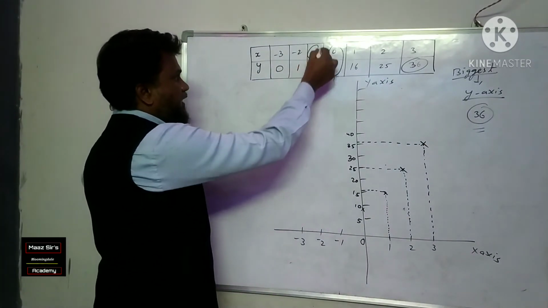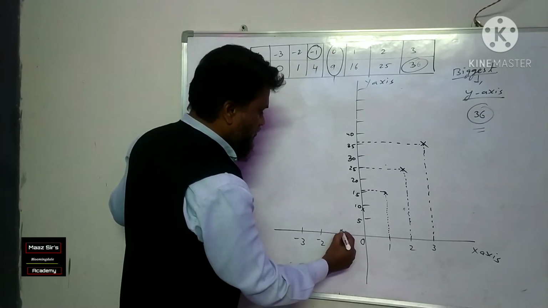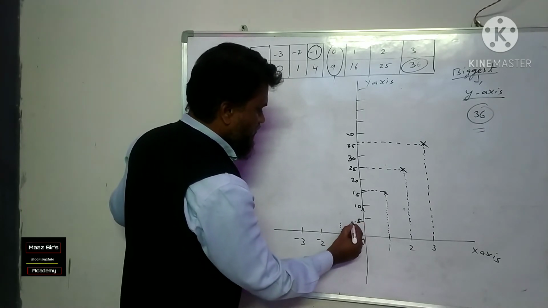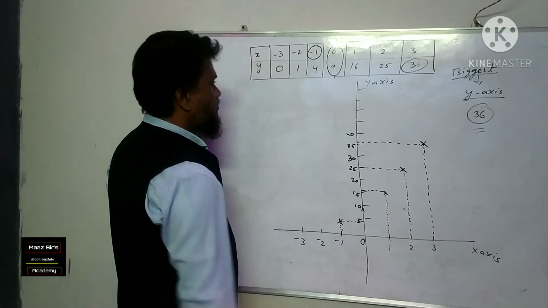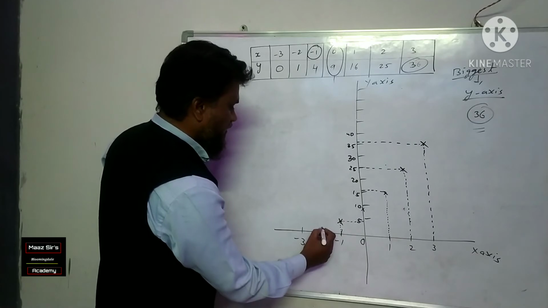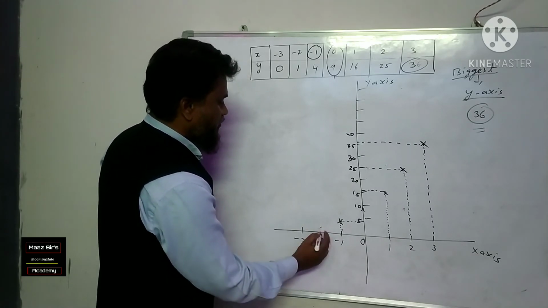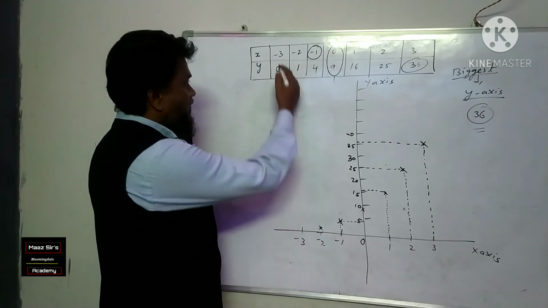Similarly, now I will take minus 1. For minus 1, the value is 4, so I am taking 4 here. Similarly, for minus 2, the value is 1, so 1 is here. Now we will take the next value.